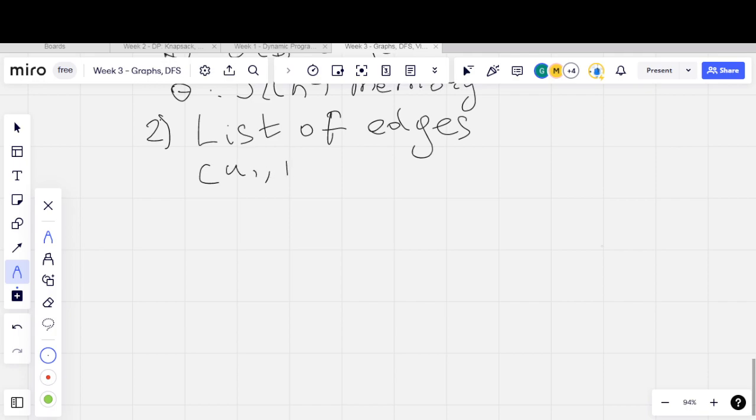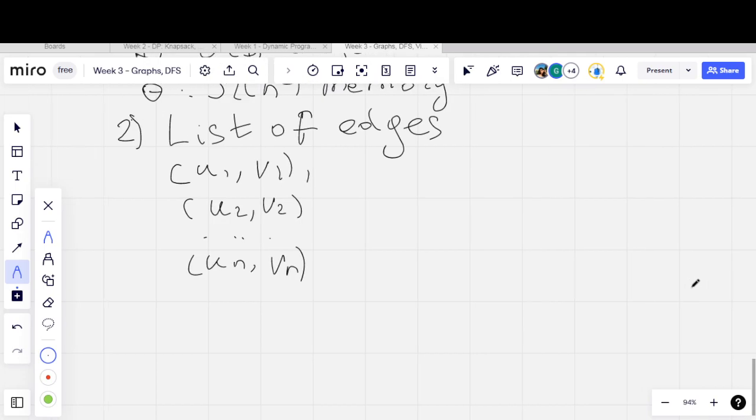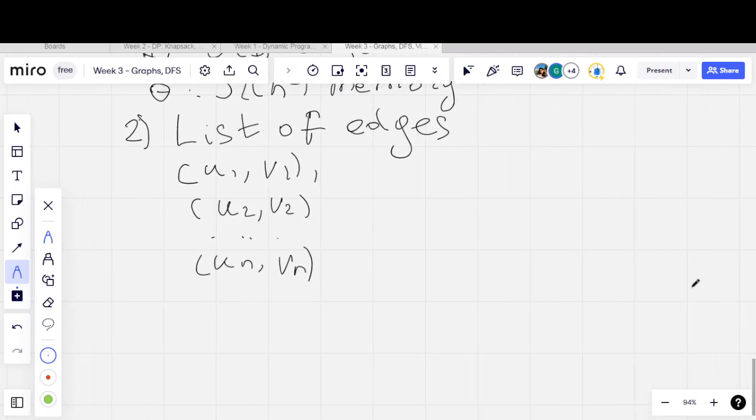This list of edges just contains pairs, std pairs in C++ in a vector. And it's a way to store a graph too.